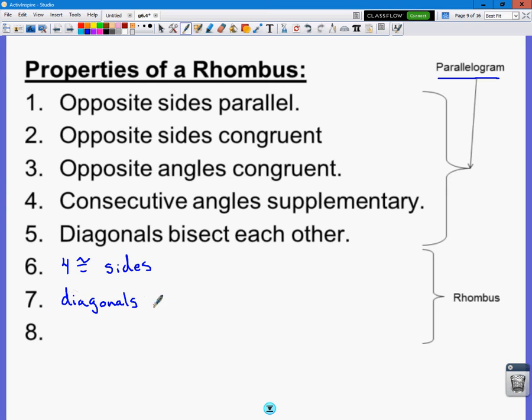The diagonals are perpendicular to each other. In other words, if I drew a rhombus in here, and I marked all these sides as being congruent, when I draw these diagonals in, this is going to make a 90-degree angle. They're perpendicular to each other.